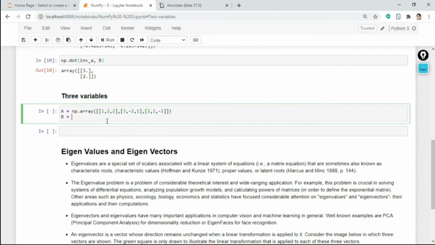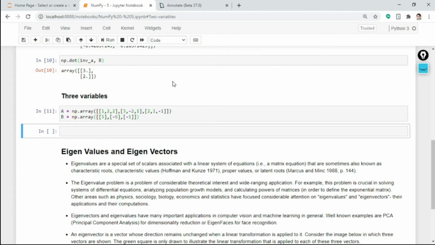So we have the B. So np dot array. Okay, so we have 5, negative 6, then negative 1. So let's execute that. So let's check the value first.